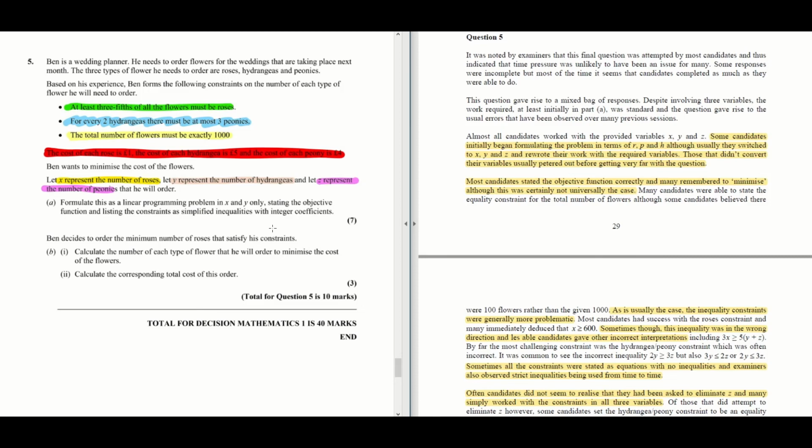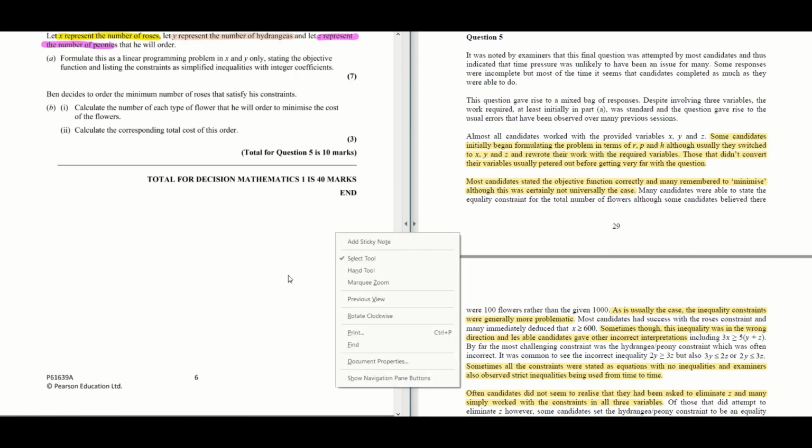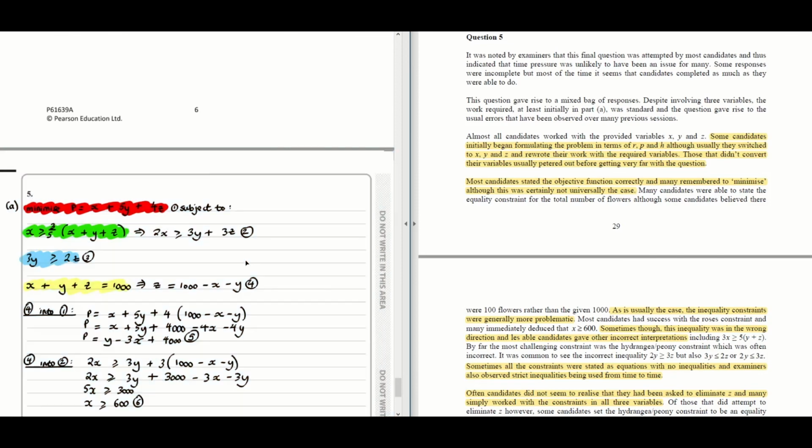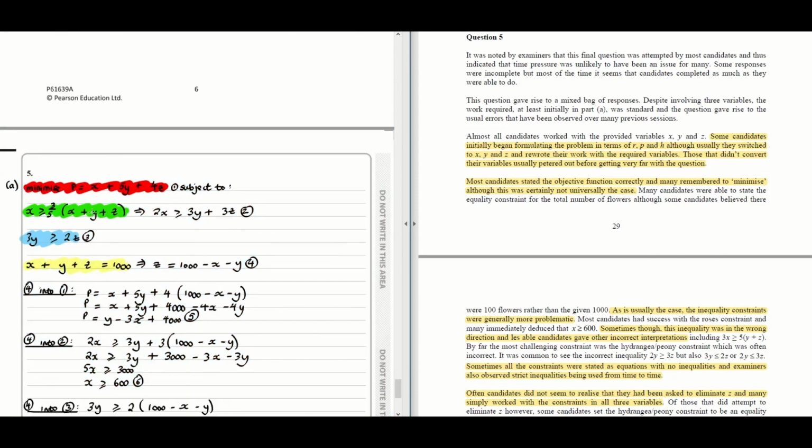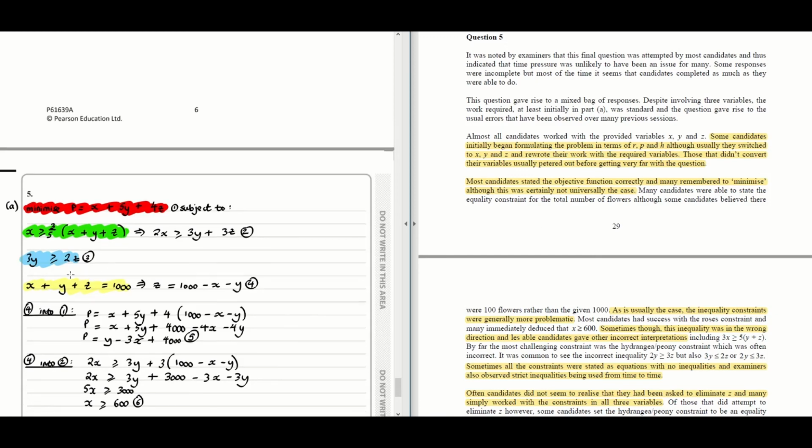A lot of people found the objective function well, and they realized that they needed to minimize, which was good. There were some errors when we talked about the total x plus y plus z equals 1000. Some people wrote 100 instead of 1000, so just be a bit careful with your working there.